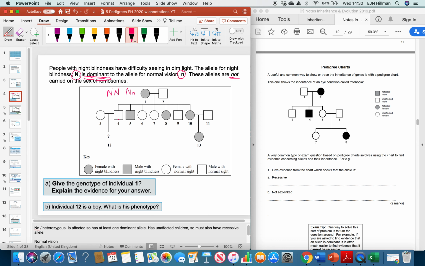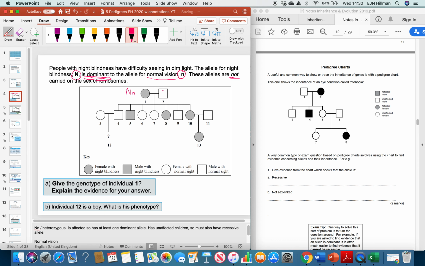But we can see that 4, 6, 7 and 9 are unaffected by night blindness, or a better way to describe that is that they have normal vision. So therefore we can eliminate the possibility that number 1 is homozygous dominant. She must be heterozygous, and in fact that is the case.